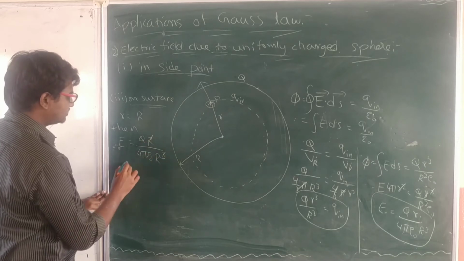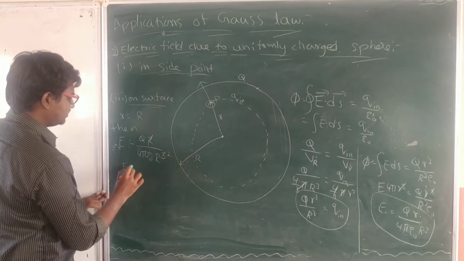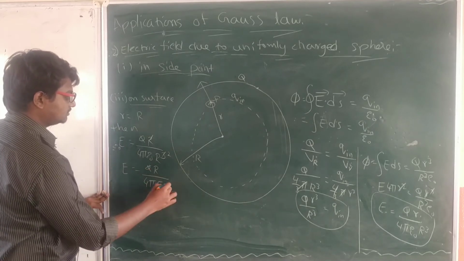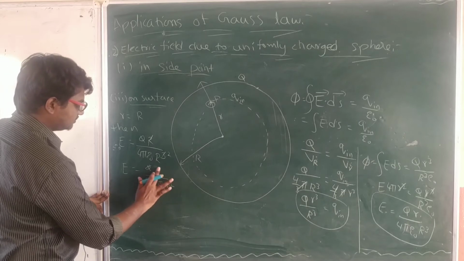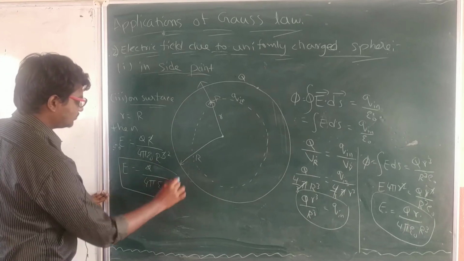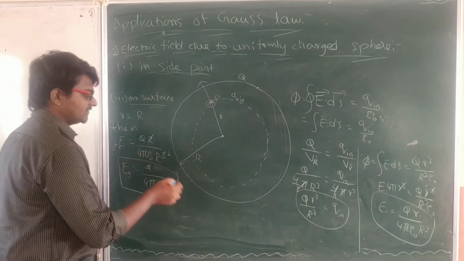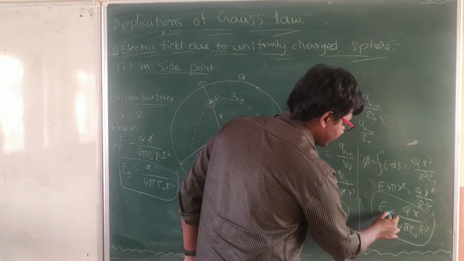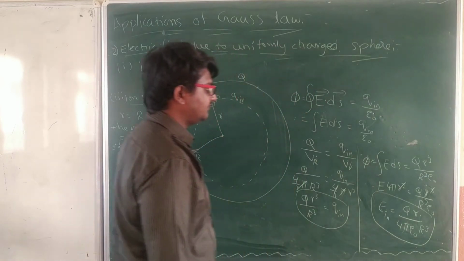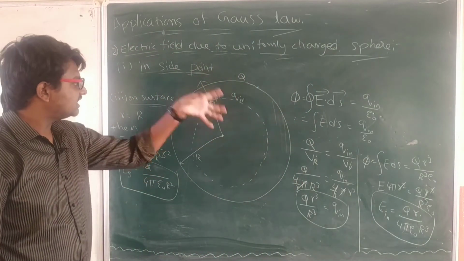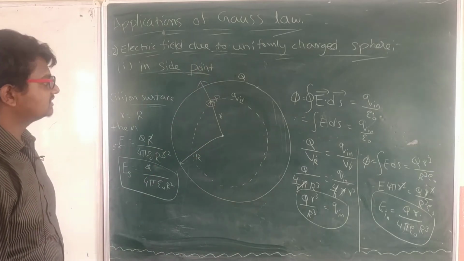R and R cancel, so square will remain: E is equal to Q by 4 pi epsilon naught capital R square. This is on the surface, and the earlier one is the inside point: the electric field inside at a point P located inside the spherical shell. That's all about this one.